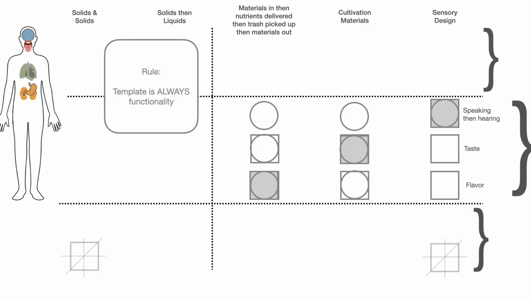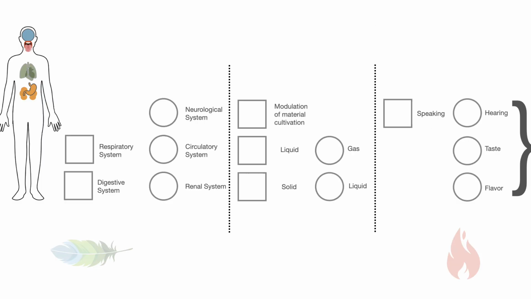So we have speaking, then hearing, then we have taste, and then we have flavor. And the way I describe flavor is it's really the combination of smell and taste together. So here those are with the organization that I generally use.